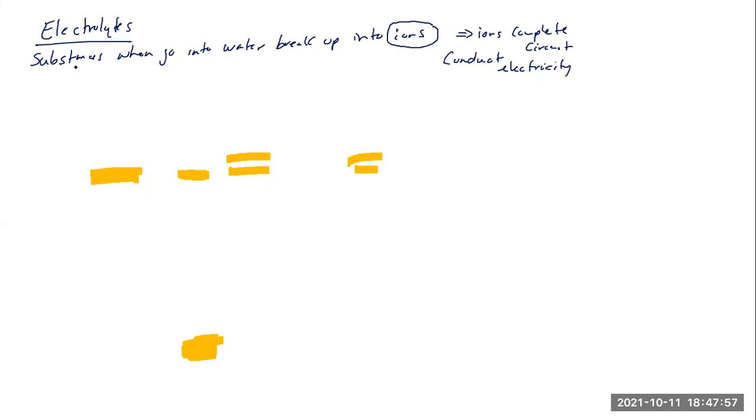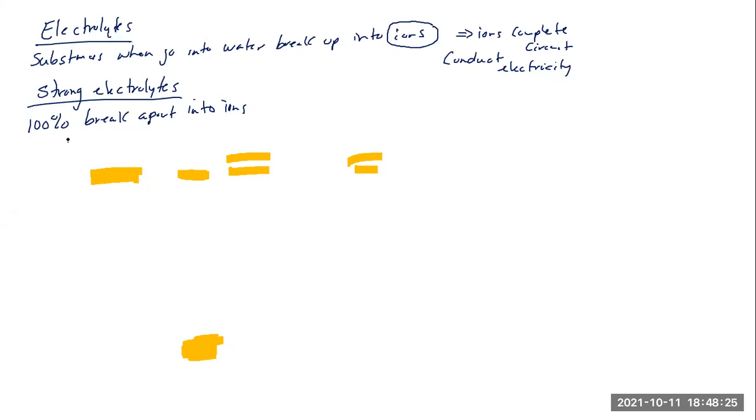Now, there are some different types of electrolytes. There are things that are strong electrolytes. And strong electrolytes, when they go for a swim, 100% break apart into ions, which means you no longer have any individual units by themselves.